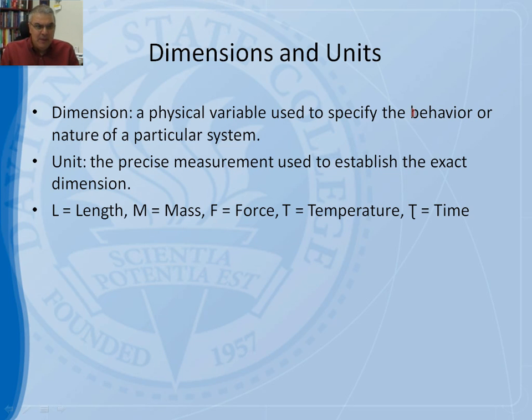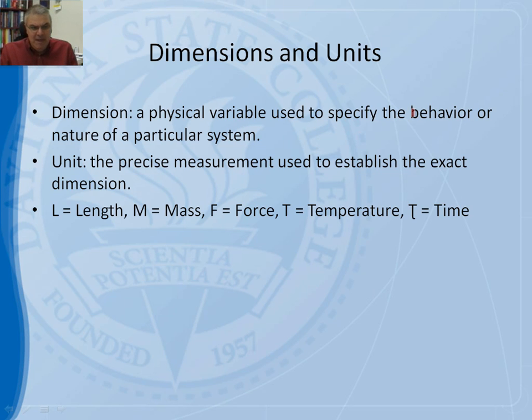An example could be, let's say, length. That's a dimension. And then in order to measure that, we would use precise measurement, and for that we would use units. So a length, for example, of an object, a ruler, could be 1 meter, or it could be, let's say, 3 feet, 1 foot, and so on.